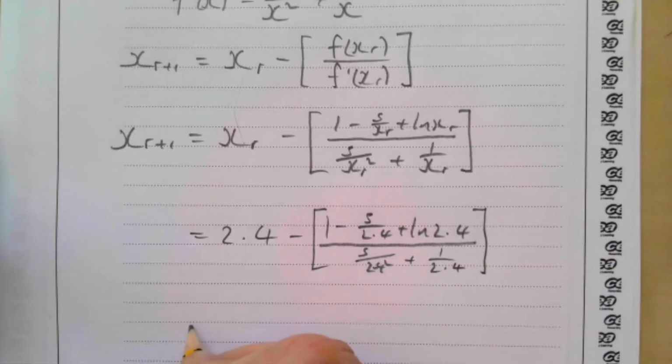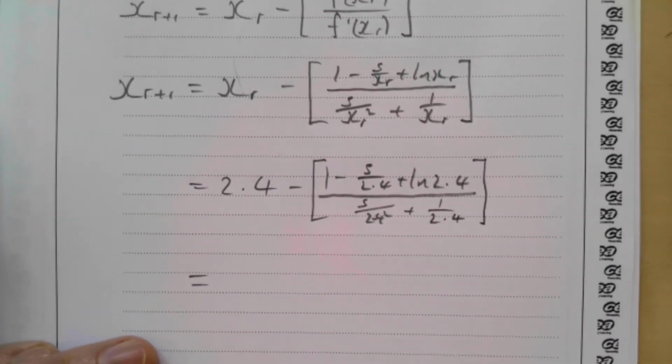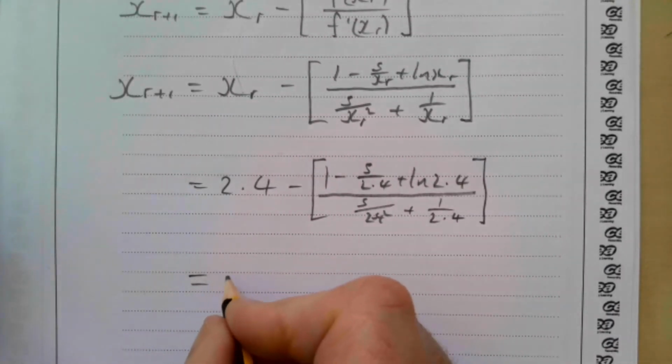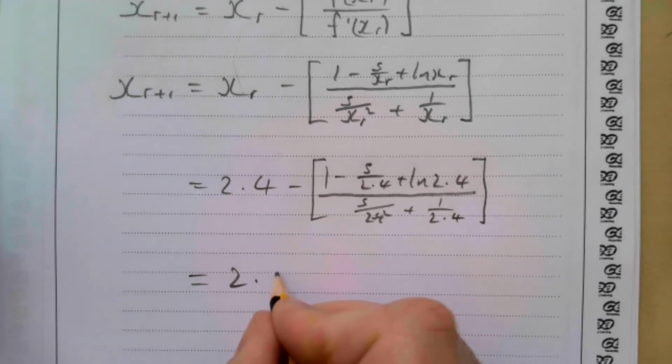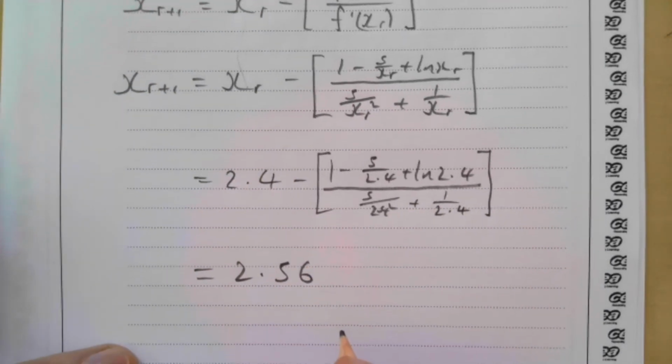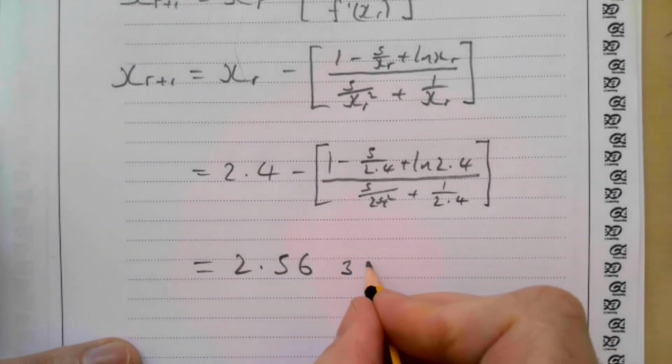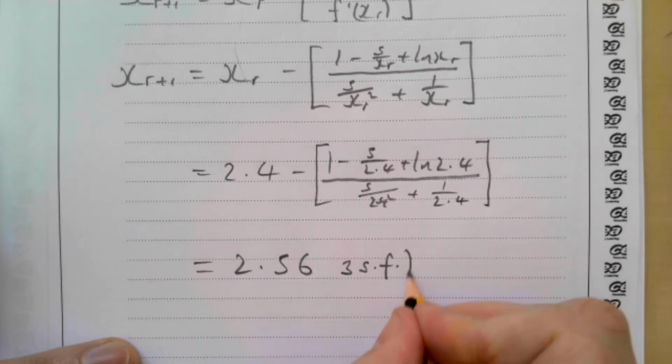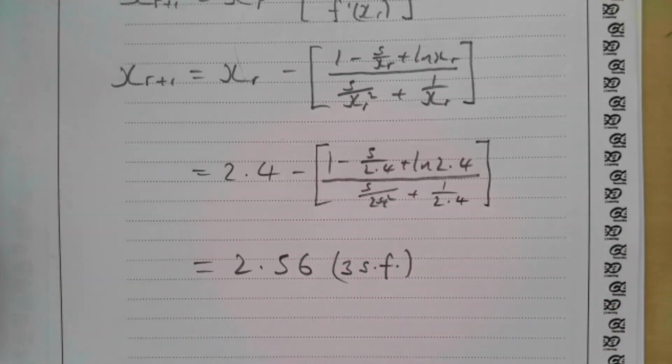By the time you're typing all that into your calculator, you're doing well, but it gives 2.56 to 3 significant figures.